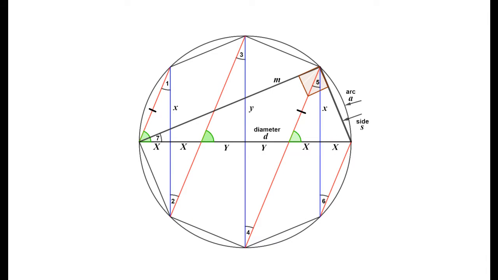I deliberately labeled the bisected chords with small x's and y's, and the base areas of the triangle sitting on the diameter with big x's and y's, so that the next bit of maths is easier to understand. I hope it works for you.